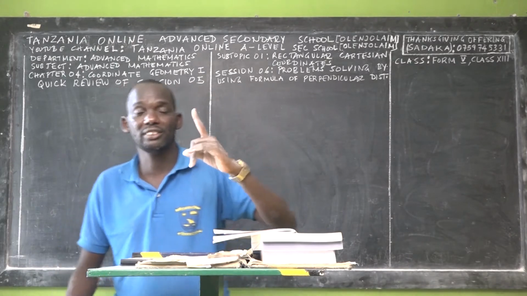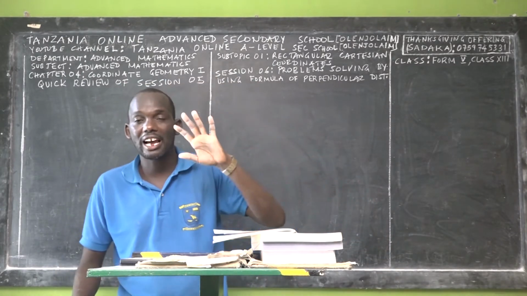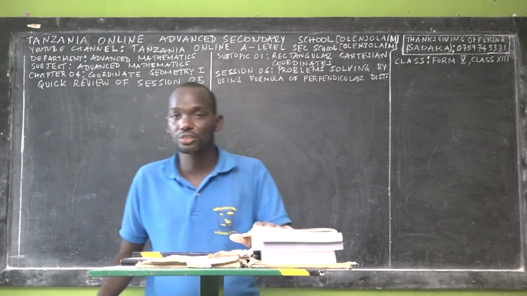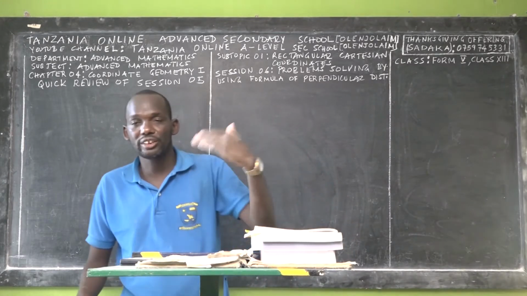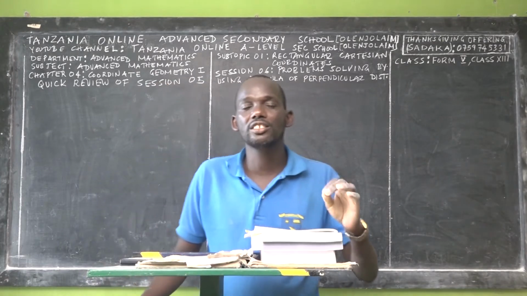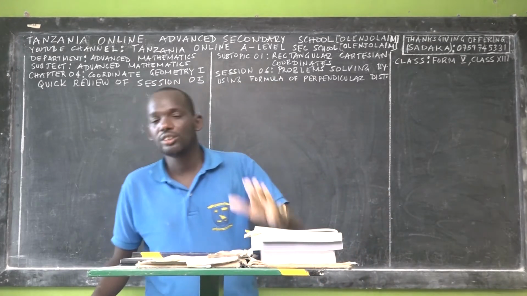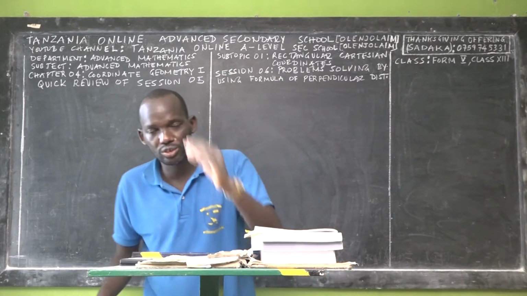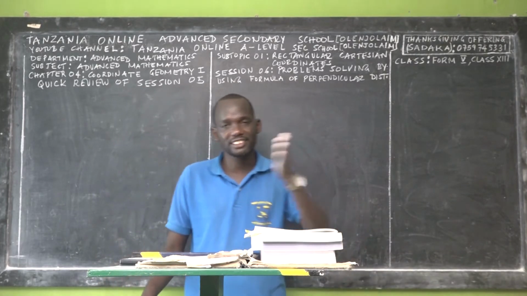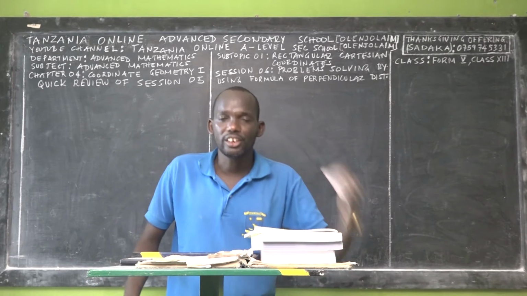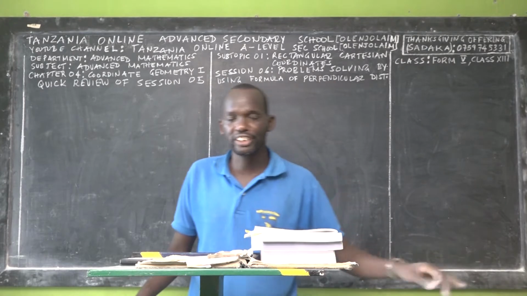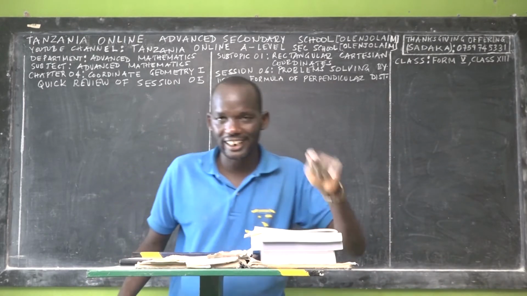I remind you of the vision for Tanzania Online Advanced Secondary School. Remember that we are here to teach, train, incubate, mentor, lead, and encourage a group of advanced level students who will be ready to extract knowledge and wisdom from classroom, formal and informal education in mathematics and science subjects, and combine that knowledge and wisdom with the Word of God written in the Holy Bible in order to solve real life problems.